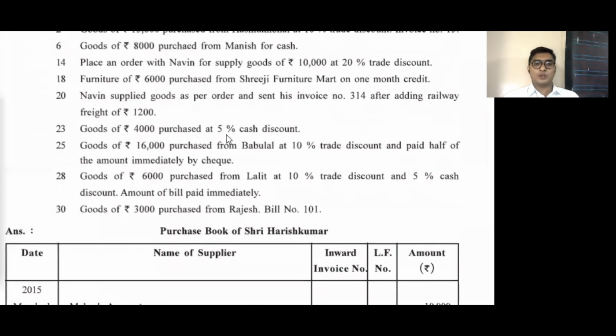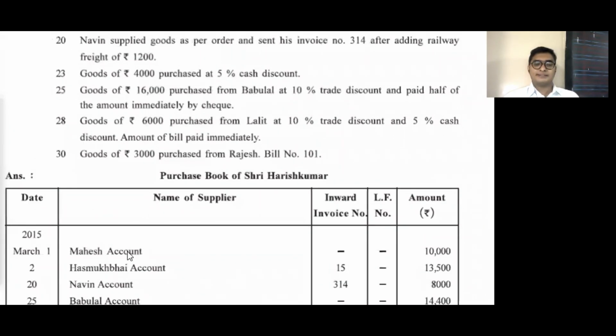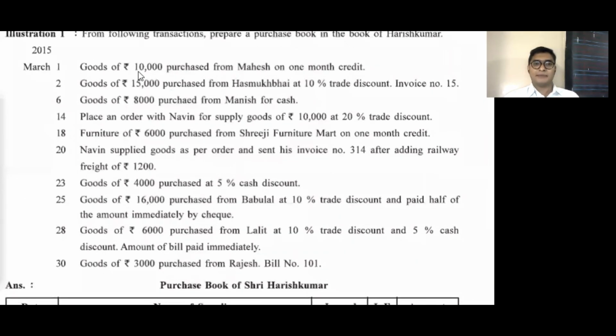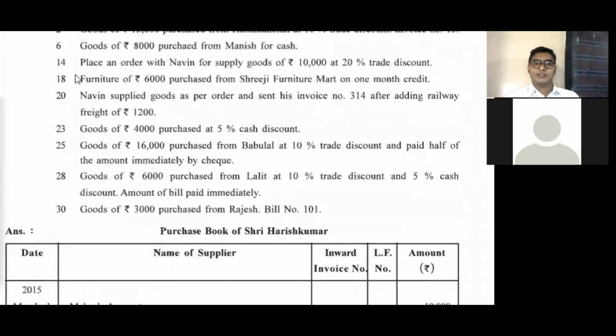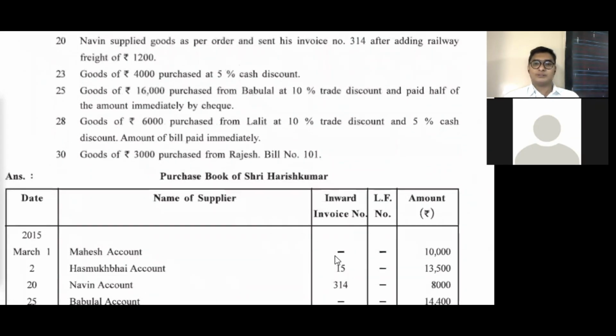We have to record only credit transactions over here. So number one, name of the seller is Mahesh. We have purchased from Mahesh, so Mahesh account, and amount is 10,000. Here no invoice number is given, so invoice number is dash.